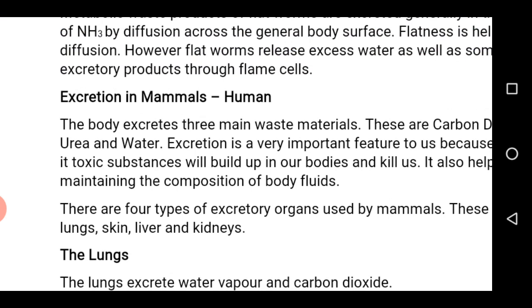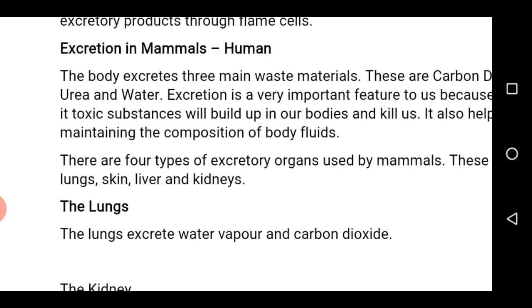We mentioned that of unicellular organisms that make use of a contractile vacuole, that of the earthworm that makes use of nephridia, and that of the flatworm that uses a flame cell. I believe you understand all these mechanisms. Today we are looking at the mechanism of excretion in mammals, or man in particular.